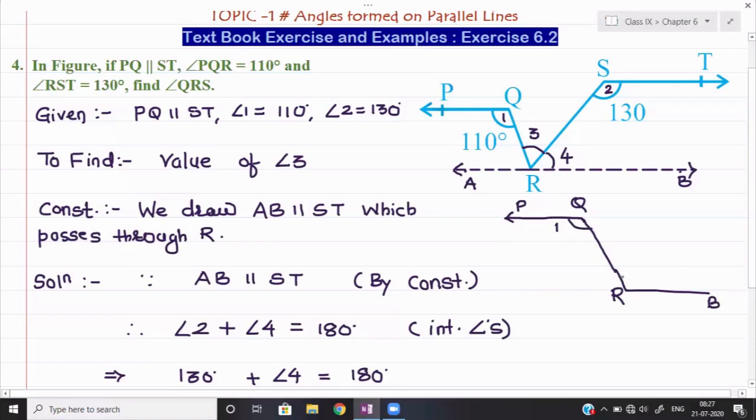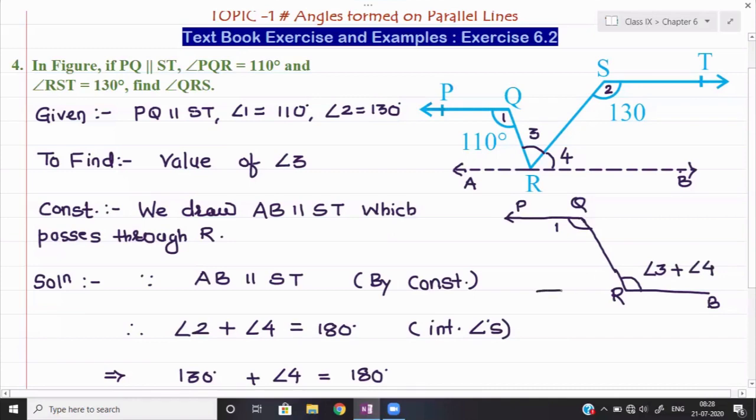And this is actually angle number 3 plus angle number 4. Look at the main figure. You will observe these two angles' sum we have taken as completely angle R. Once again, this angle is actually angle number 3 plus angle number 4.